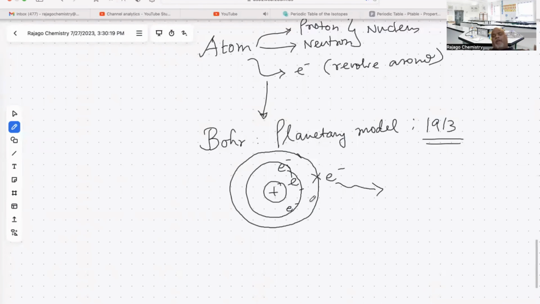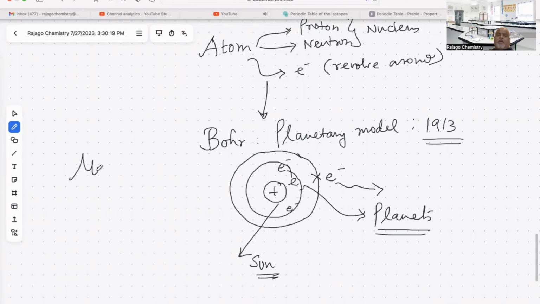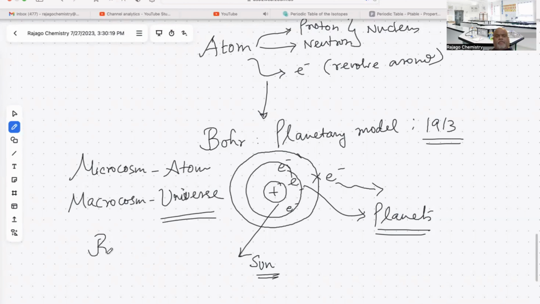So there should be levels of electrons. That is the reason Bohr came up with a planetary model in which the dense nucleus resembles the sun at the center and the electrons revolve like planets around it. So in other words, both the microcosm, the atom, and the macrocosm, the universe, resemble each other.